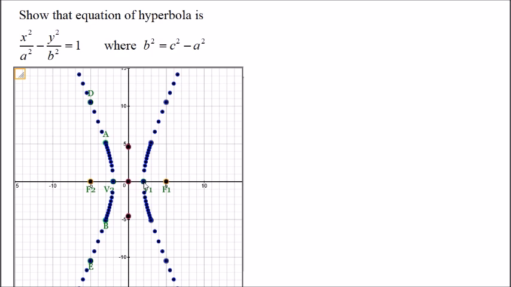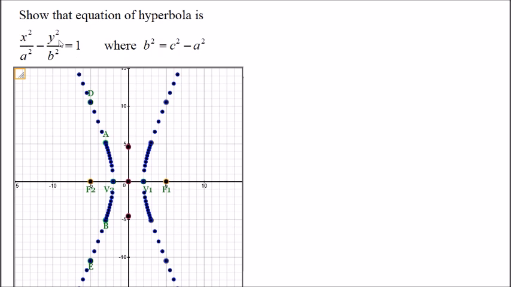For this particular example, the distance here is 2, so A is 2. C is the distance from the center to one of the foci, or C is the distance from the center to F1. In this particular example it is 5. And B squared is defined as C squared minus A squared.